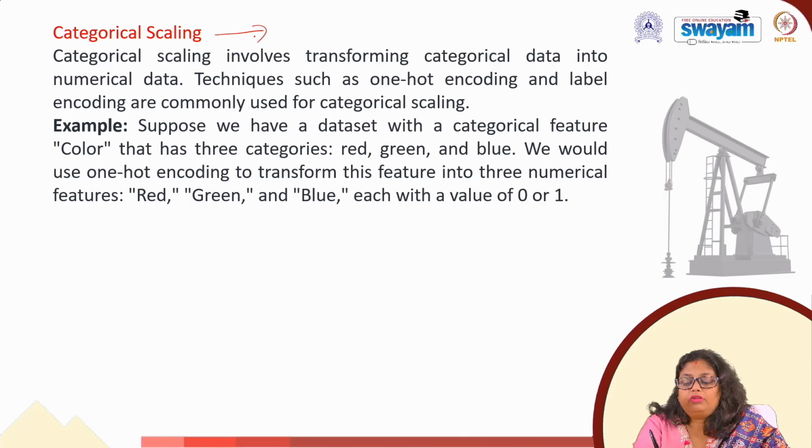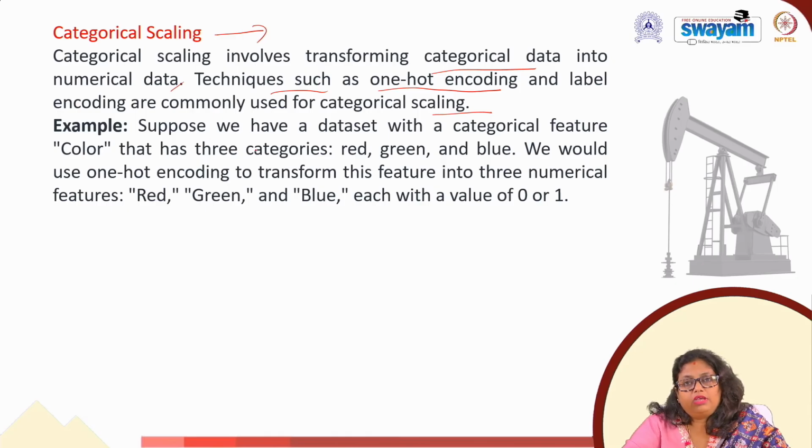So this is about decimal normalization. Now moving on to the last one, categorical scaling. Categorical scaling involves transforming categorical data into numerical data. How would it be done? Techniques such as one hot encoding and label encoding are commonly used for categorical scaling.